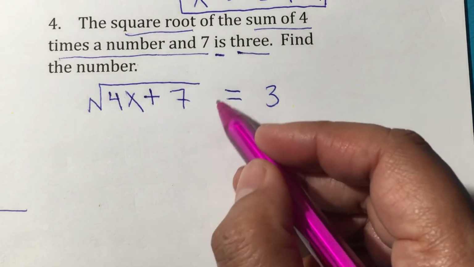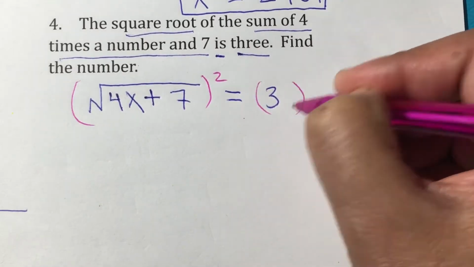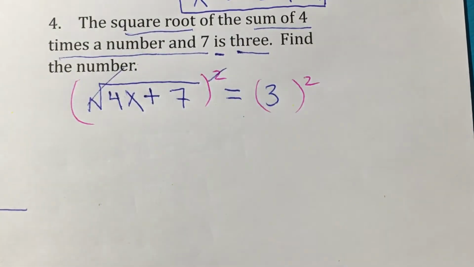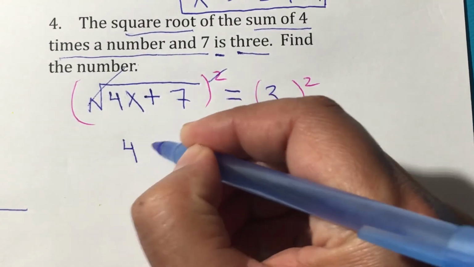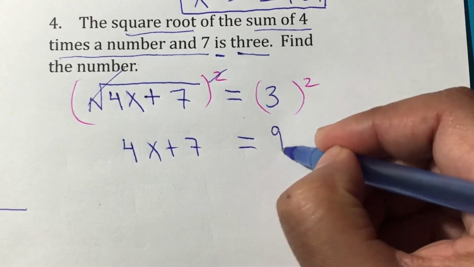Since there is nothing outside of the square root, the first thing that I'm going to do is to square both sides. The square root cancels with the square, and I get 4x plus 7 equals 3 squared is 9.